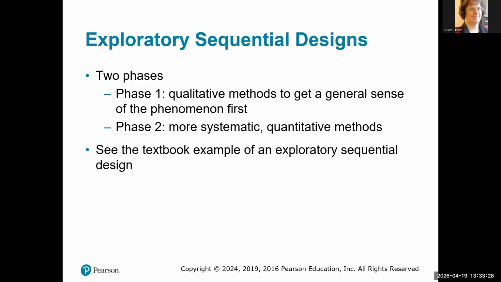Exploratory sequential is something I've done, where you use qualitative methods to get a general sense of the phenomenon and then examine it with systematic or quantitative methods. I used qualitative methods to see if collaboration gave us a reason to find out why leadership was effective.